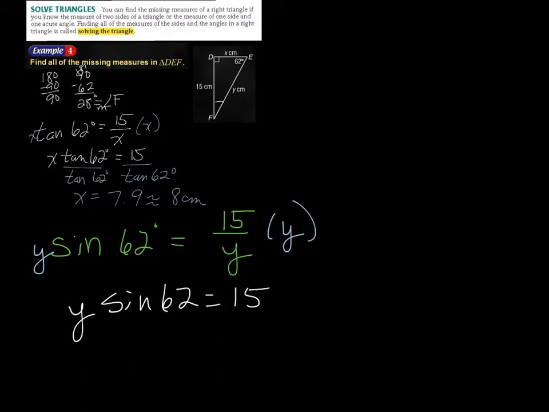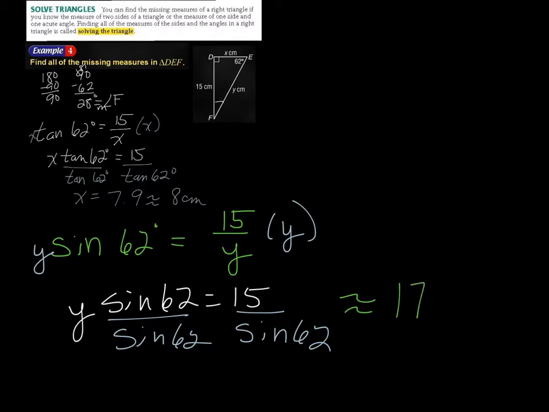And then we're going to divide both sides by sine of 62. And we can type it in the calculator again. And once again, I got a number really close to a whole number, but not quite. So I'm going to call it approximately 16.98855. That's pretty close to 17, and our units were centimeters.